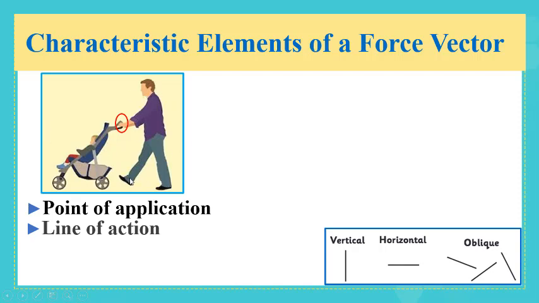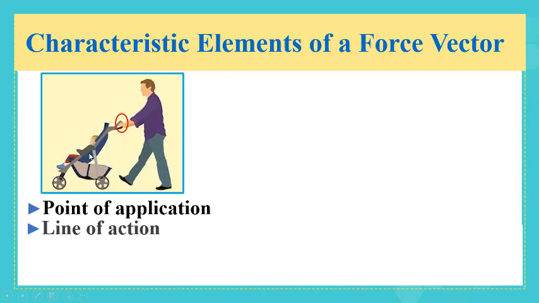Is the father moving in a vertical line, or in a horizontal line, or an oblique line? By a horizontal line. Very good. So the line of action of the force exerted by the father on the stroller is a horizontal line.